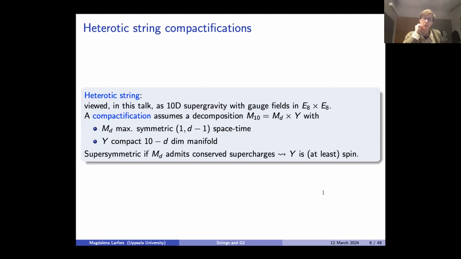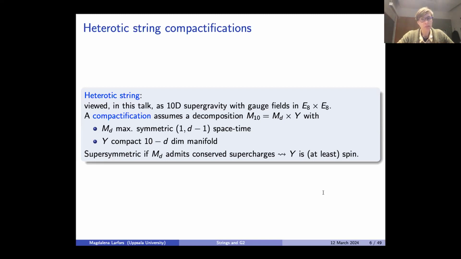And supersymmetry is a property of the heterotic string in 10 dimensions. So the heterotic supergravity has one supersymmetry. So it's a minimally supersymmetric theory in 10 dimensions. If we compactify on a compact manifold, then we can get theories that either are or are not supersymmetric. And we will preserve supersymmetry if the manifold that we compactify on admits nowhere vanishing spinors.